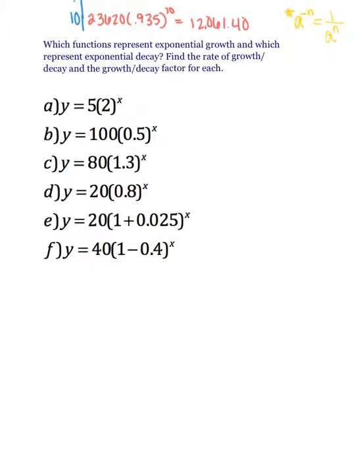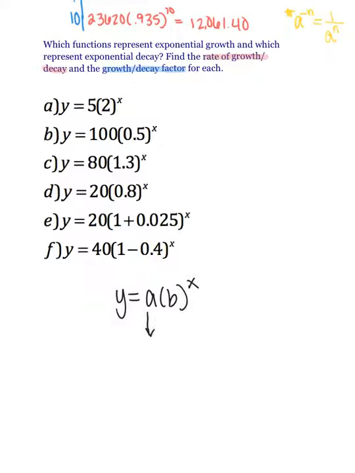So here, remember that the rate, the growth or decay rate, that's my r value, whereas my growth and decay factor is going to be the b value. And when I'm talking about the a and the b value, let's just review really quickly. Both exponential growth and decay have this parent function, this base formula.